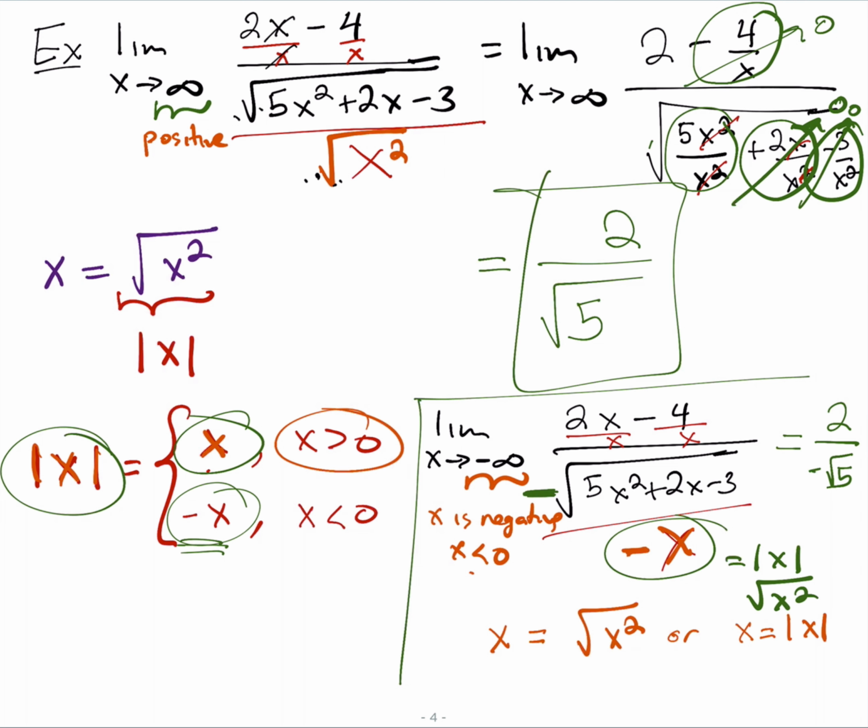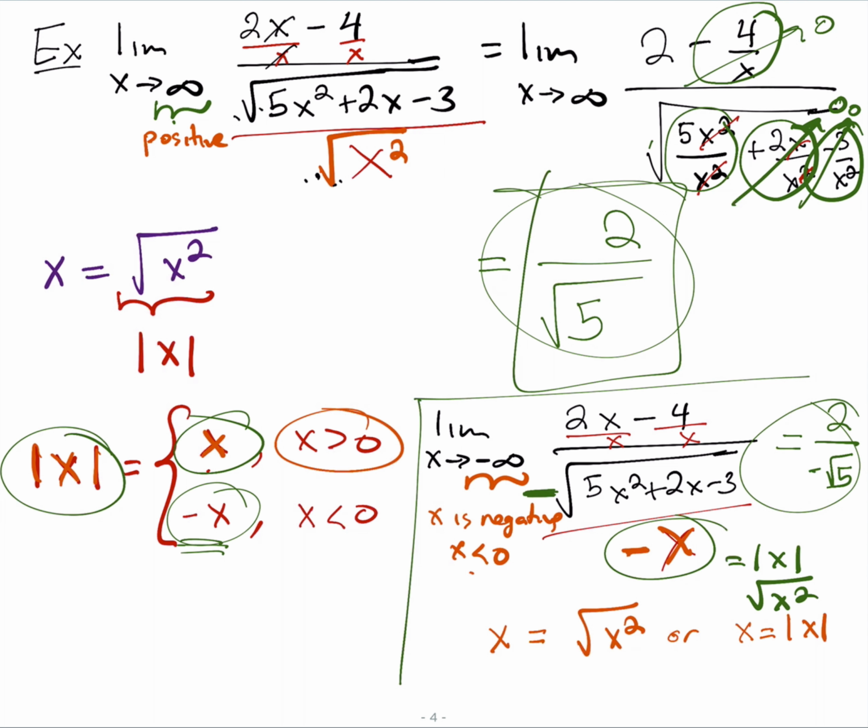Tells you more. There are 2 asymptotes, exactly. There's 2 horizontal asymptotes, because when x goes to positive infinity, you get one number. When x goes to negative infinity, you get a different number.